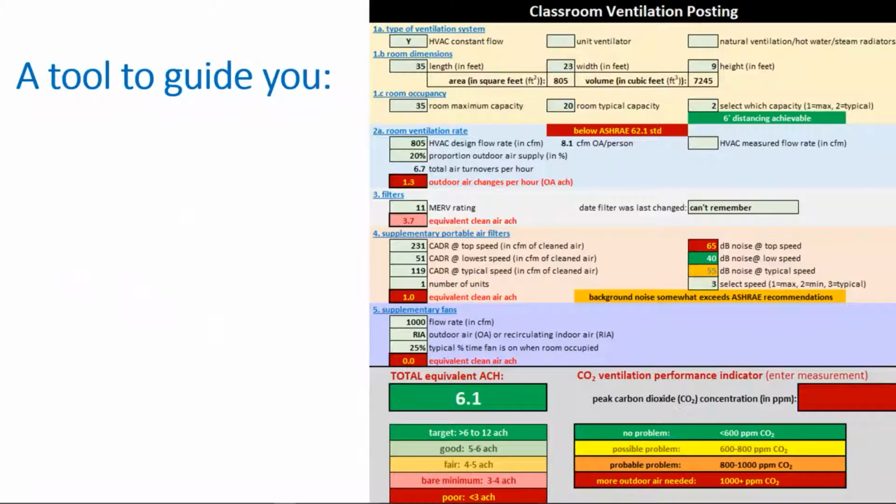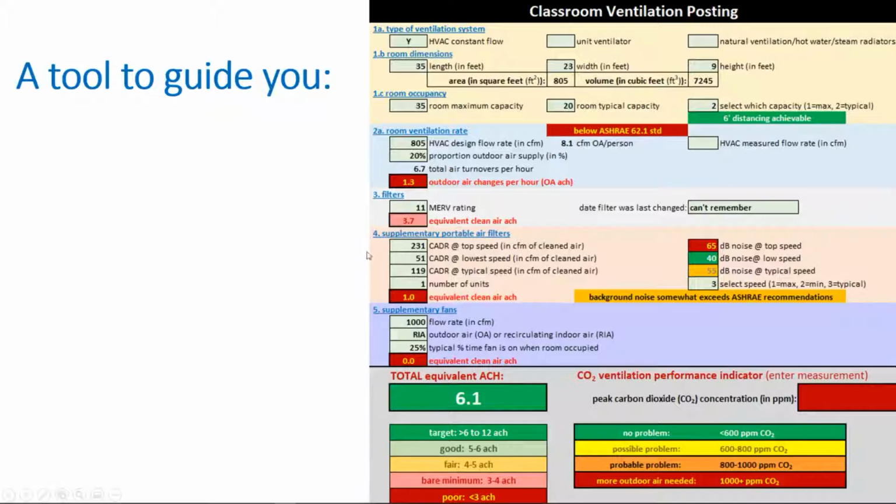Okay, so we're going to go through this spreadsheet. It's designed as a tool to walk you through how to evaluate the ventilation in your room. And the idea is that you go through these sections about the type of ventilation, the room dimensions, the occupancy, the room ventilation rate, and we'll give you some ideas on how to quantify that.